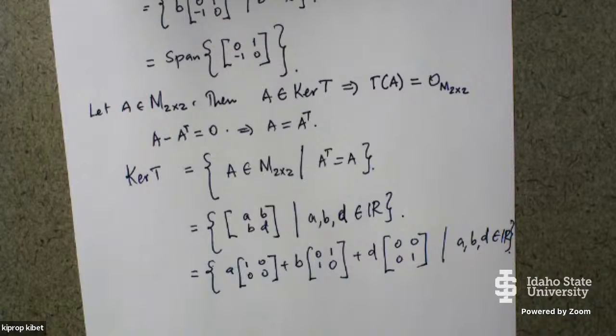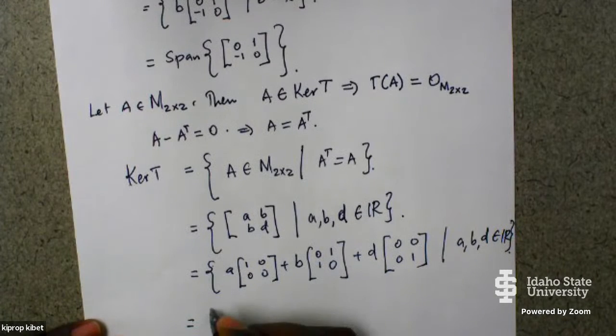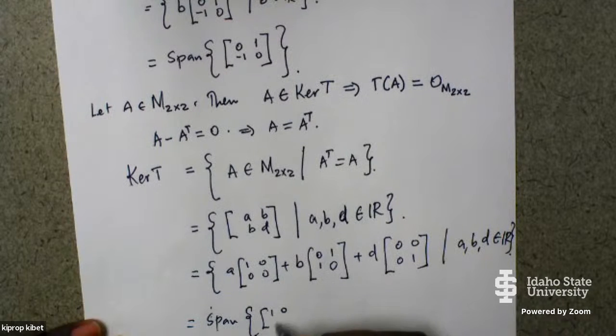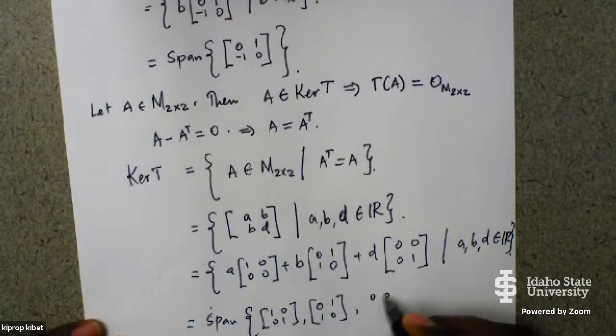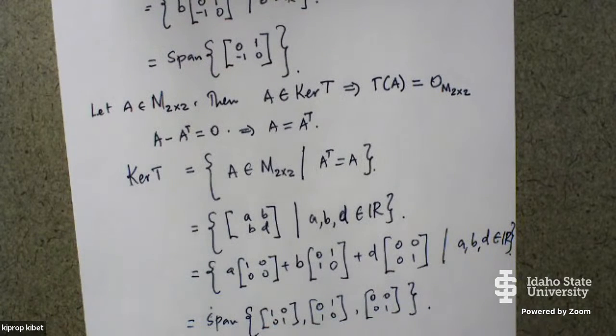So therefore, the kernel of T is equal to the span of 1 0 0 0, 0 1 1 0, and 0 0 0 1. Those are the matrices. Any question up to that?